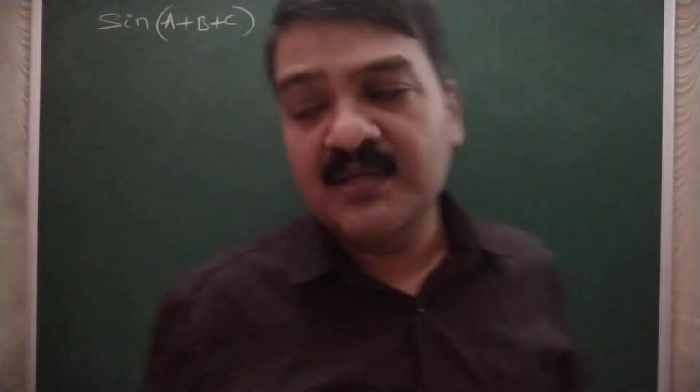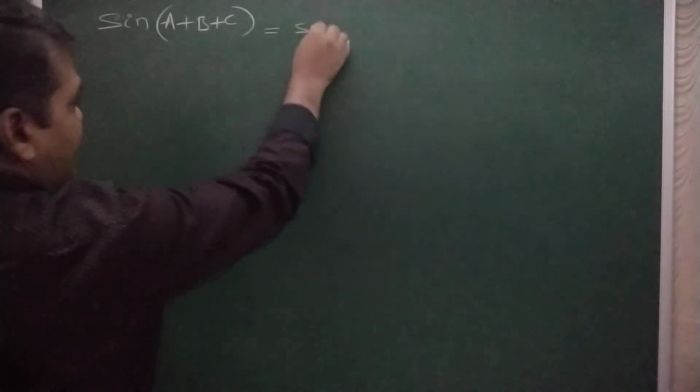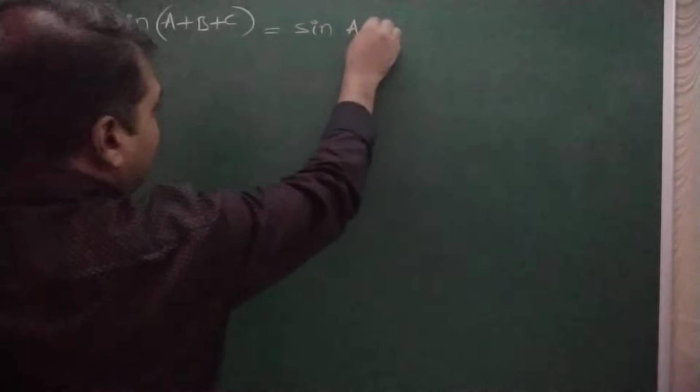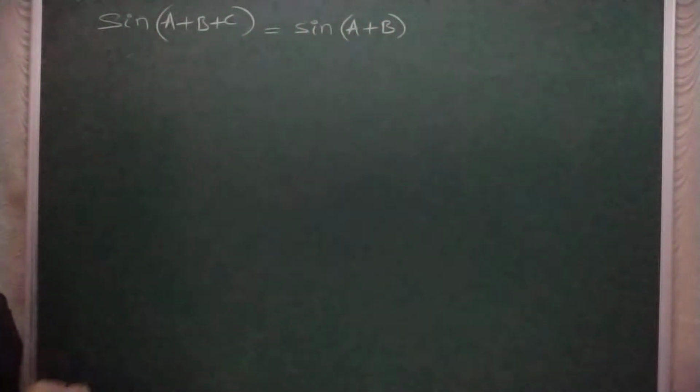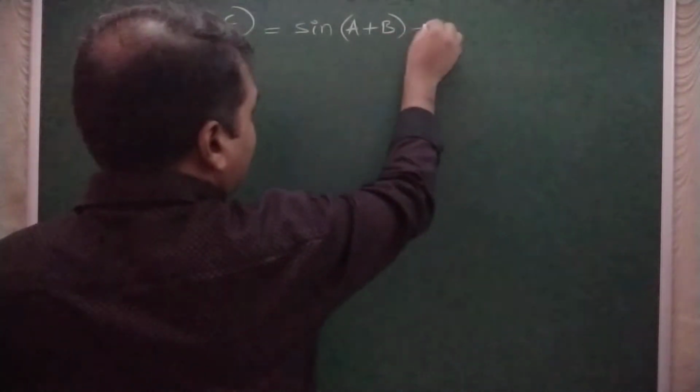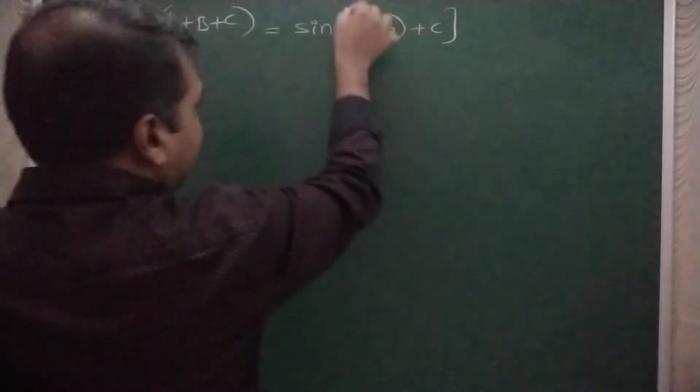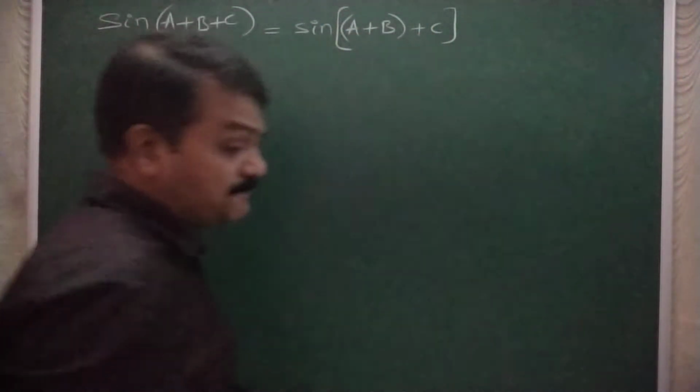Next, now let us discuss the formula of sin of A plus B plus C. Now A plus B plus C is also a compound angle. So sin of A plus B plus C discussion. We will write this as sin of (A plus B) plus C. I will treat A plus B as a single angle, and C as a separate angle.